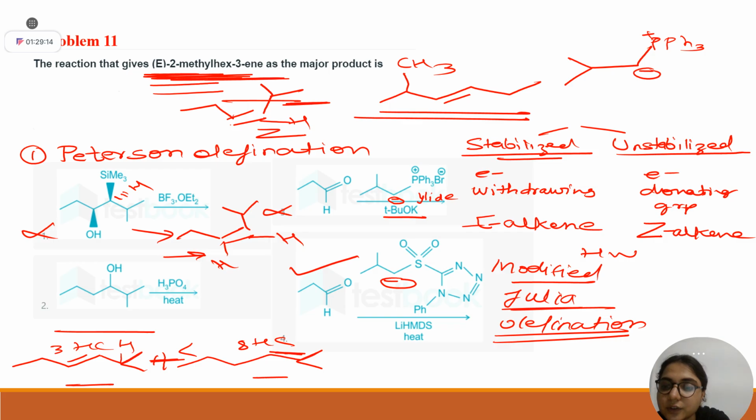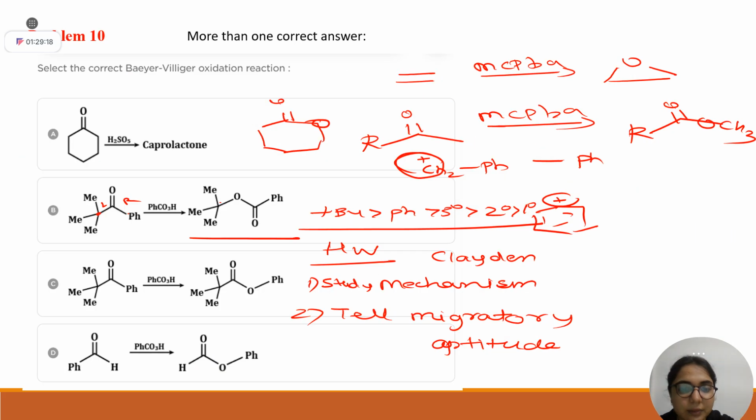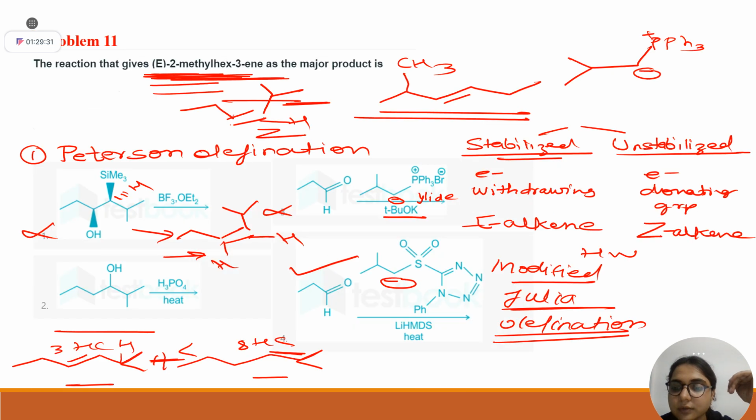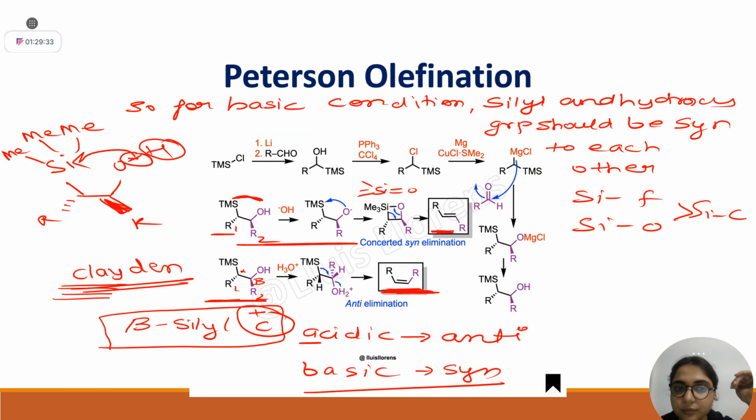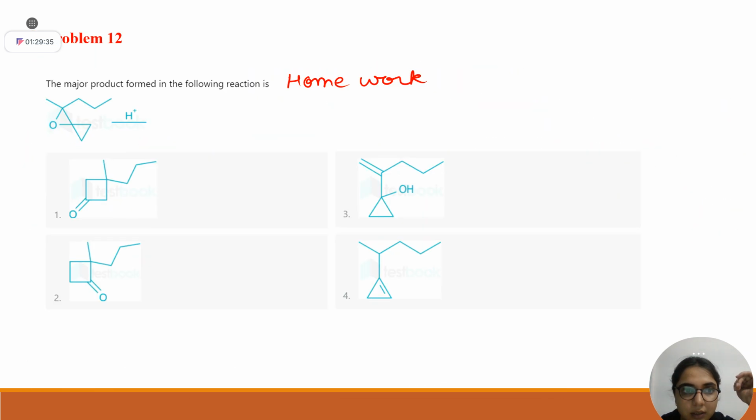Whatever I have given you as homework: Julia olefination, and one other mechanism, the Baeyer-Villiger oxidation. I am going to ask everything in the next class. First I will explain the mechanism and then you will explain it to me, okay? Take this as your homework. Do you need any hint for this question or is it clear to you?